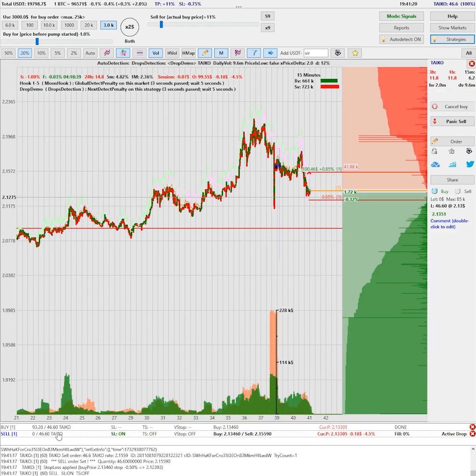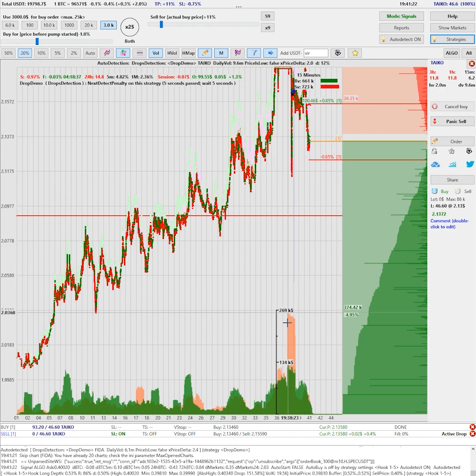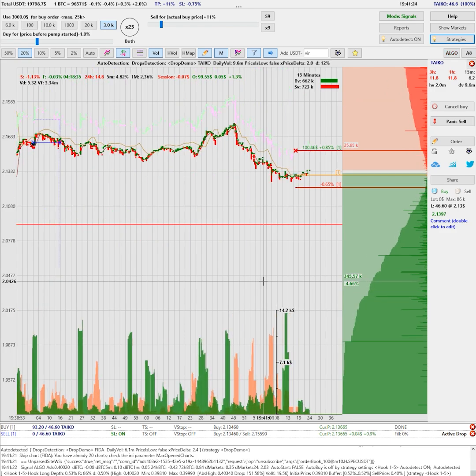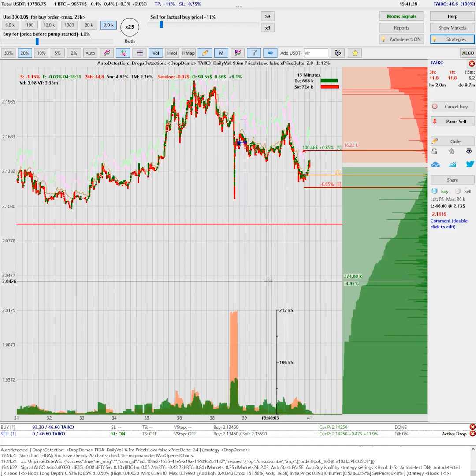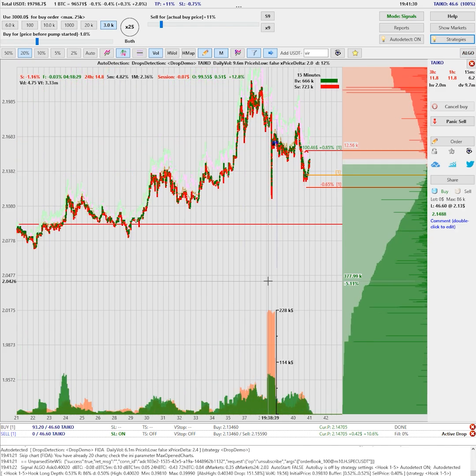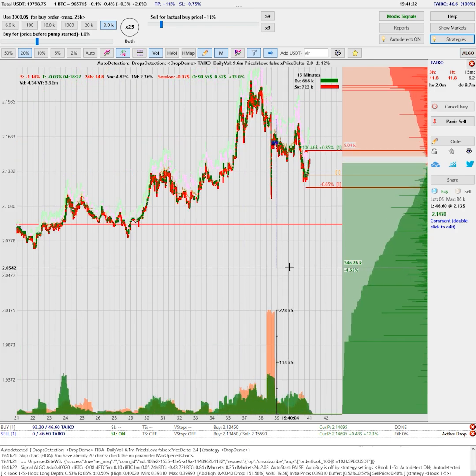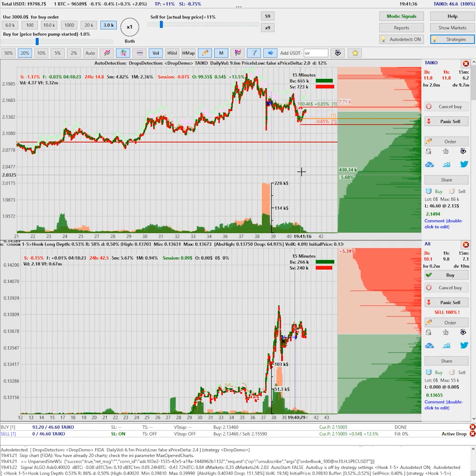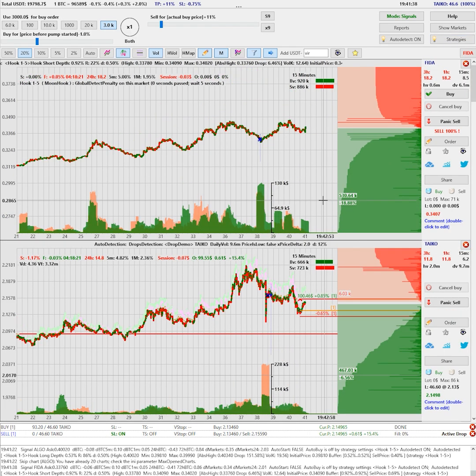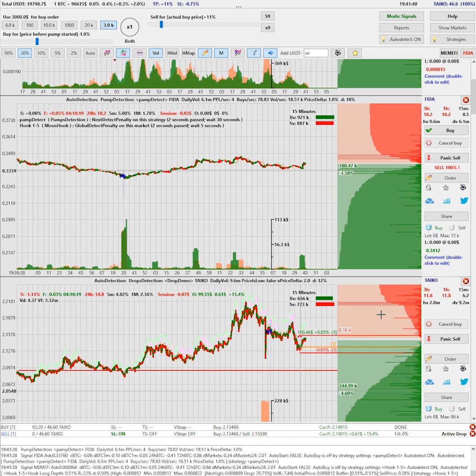All right, so it did an order there. Boom. So here are the different colors of the orders. So this is the automated strategy working.